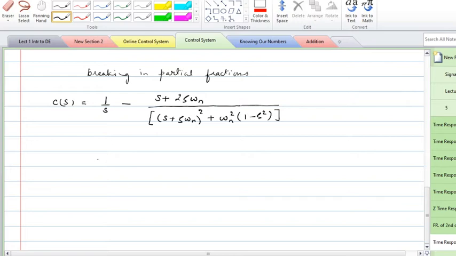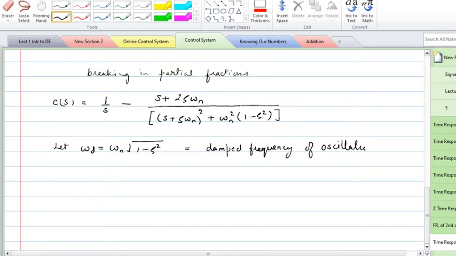Okay, now let omega d be equal to omega n under root of 1 minus zeta square, where omega d is known as the damped frequency of oscillation. Okay, please remember this factor.